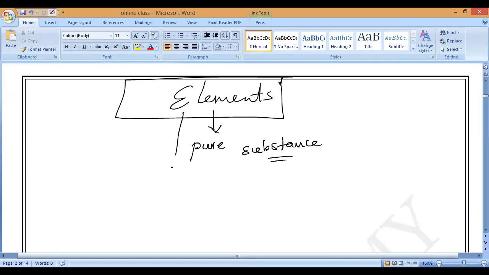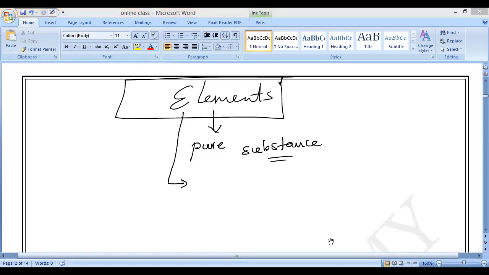Is it possible to break it into small pieces by physical or chemical process? No, sir. It is not possible to split up into two or more simpler substances by using chemical process or physical process. That is called an element.